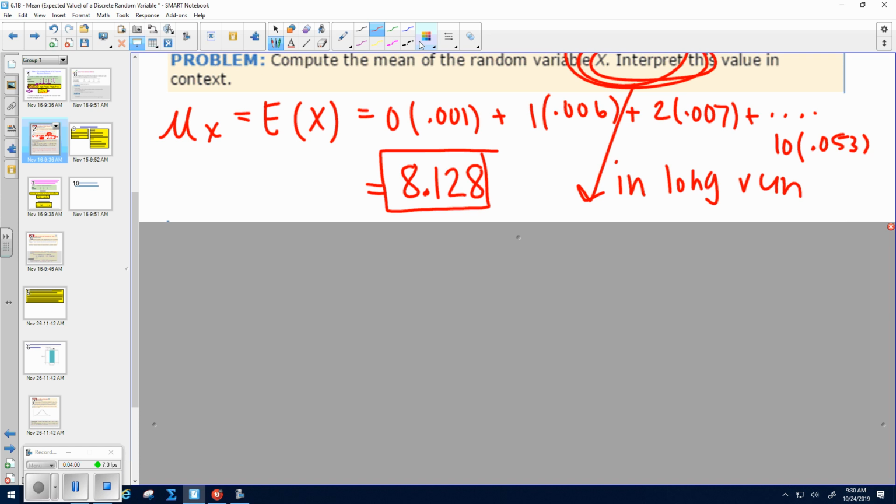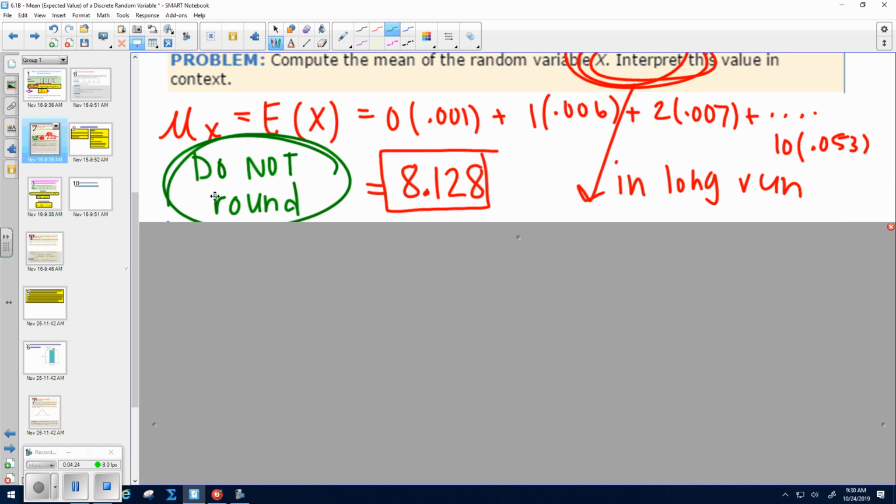Another really important thing: the AP graders will be mad if you round this to 8, okay? So do not round these answers. You lose points if you do that. There's no specific number to round to; if you put 8.1 or 8.13, that's probably fine.